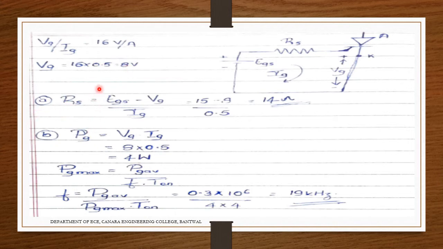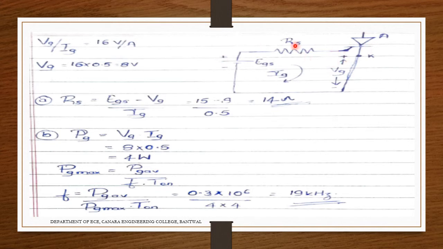Now I have to find the resistance to be connected in series. We can write the KVL loop. EGS is equal to RS into IG plus VG, because this and this are plus and plus.